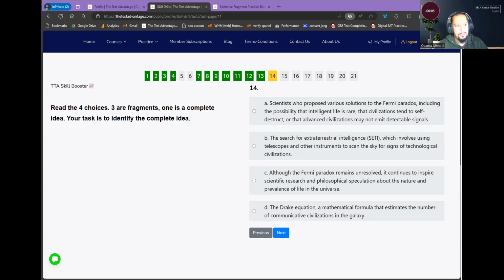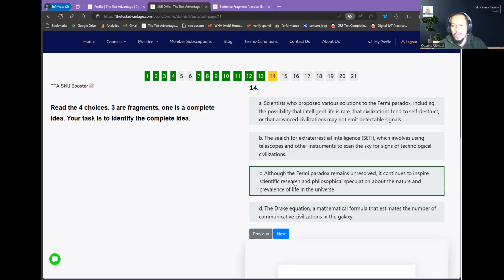We're going to call time. Here, Omar told me A. Again, Omar, subject to verb. But who stole the verb? Who stole the verb? Right? We have about 5 minutes left. So here, I'm sorry, the answer is C. Although the Fermi paradox remains unresolved, it continues to inspire. We have our subject to verb here.